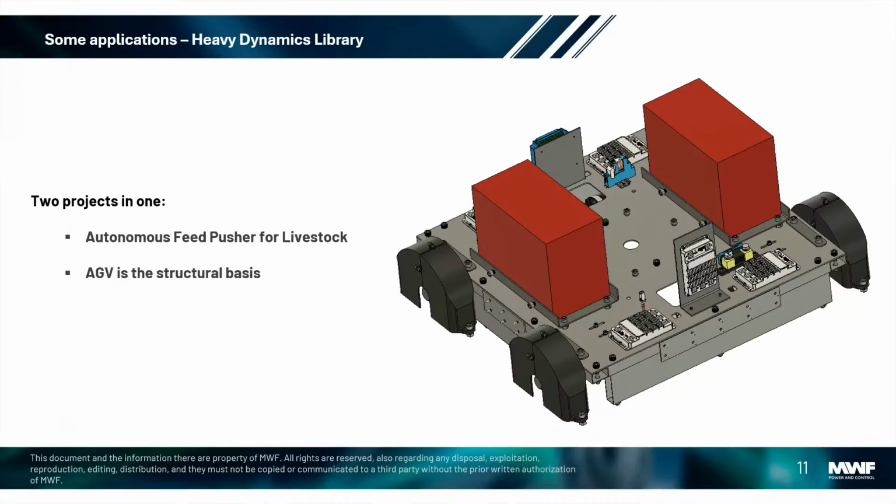It is a very interesting application, and there are many robots used for this purpose currently. At least 5 or 6 different manufacturers are already doing their specific robots for this purpose. But the one interesting characteristic is that this is an AGV platform, which can be used to push any kind of load indoor, or even work as a feed pusher for livestock.